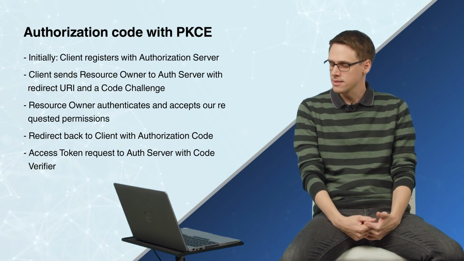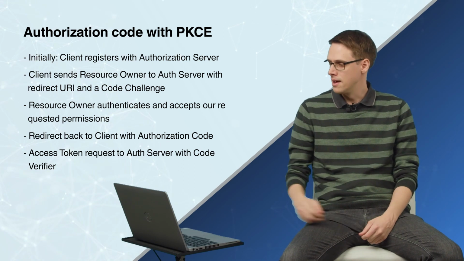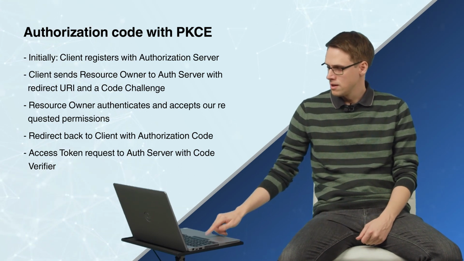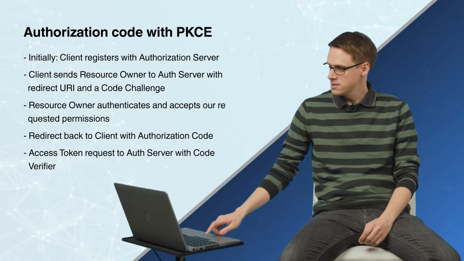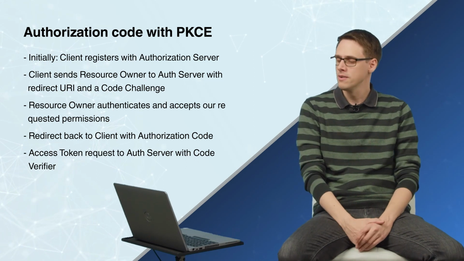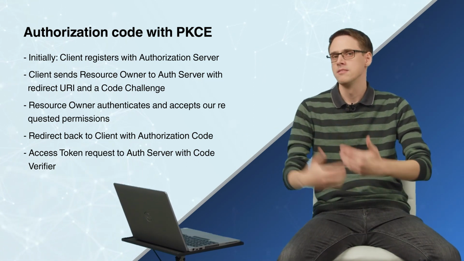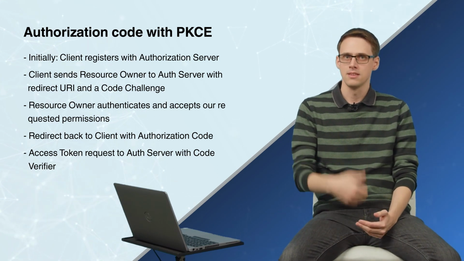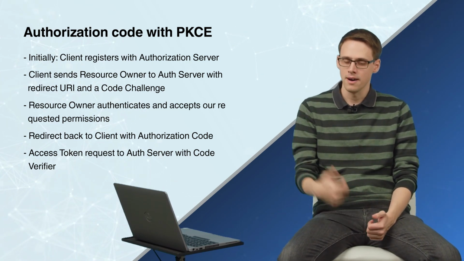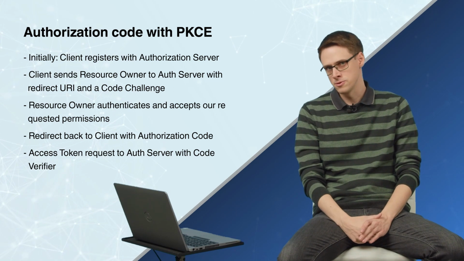We're only getting back a redirect with an authorization code from the Google server. With this authorization code, we can then trade in again against the authorization server. That's the second part: we trade it in for an access token.